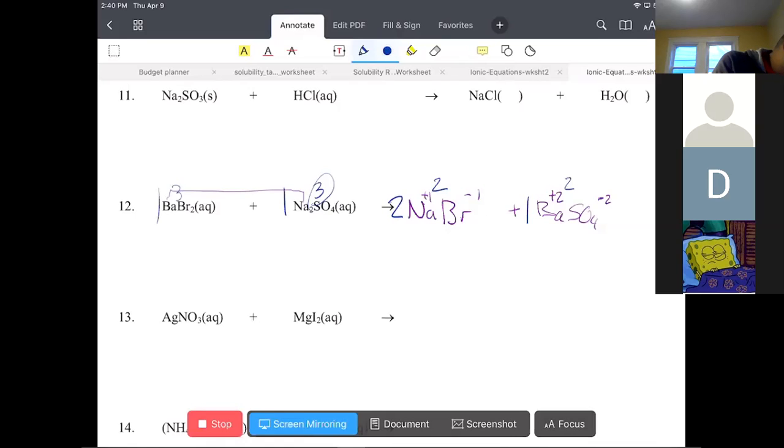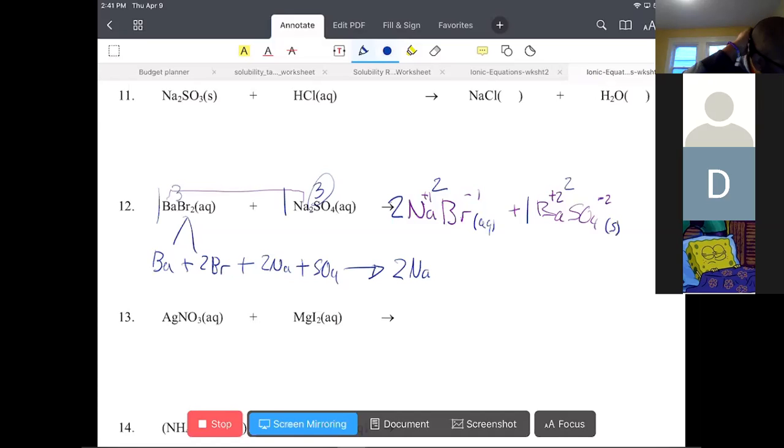Now I break it down: 1 Ba plus 2 Br. We're bringing that number out front, plus 2 Na plus SO4 goes to 2 Na. Oh, I forgot to do the states. This one, if you look at the chart, is going to be aq. This one is going to be a solid.